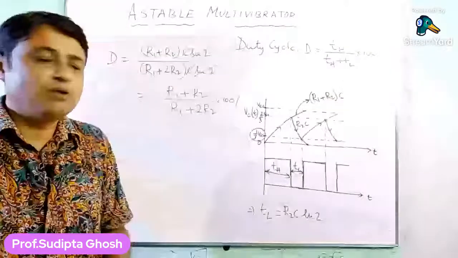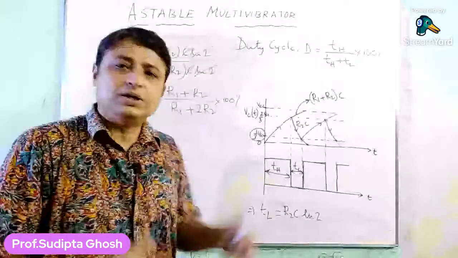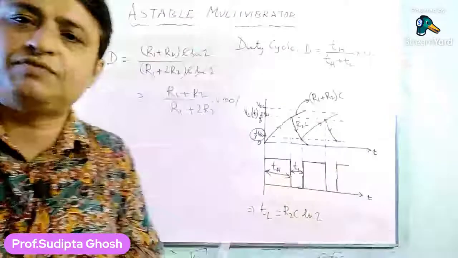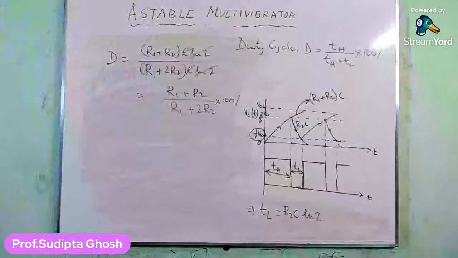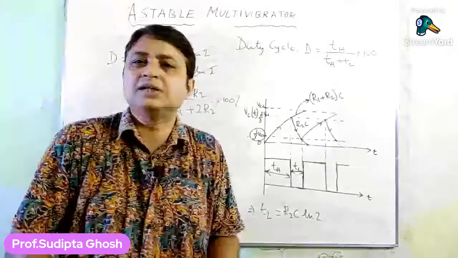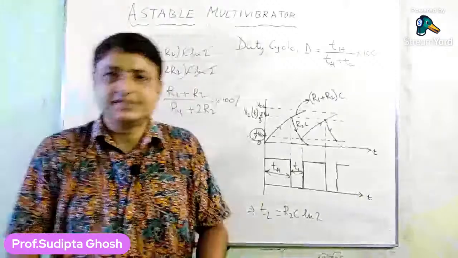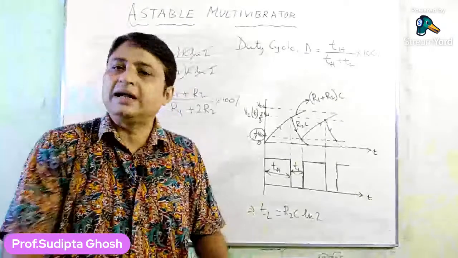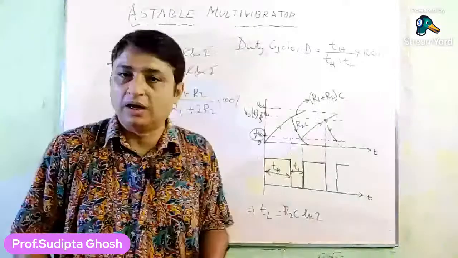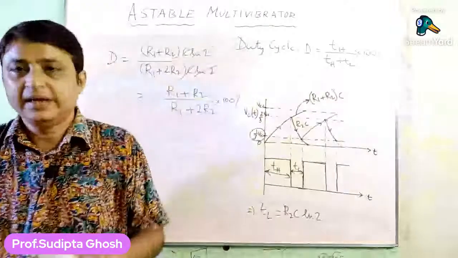Now from the duty cycle viewpoint, what will be the values of high time and low time if the waveform is a square wave? We can easily tell that the high time as well as the low time will be equal. TH and TL will be equal.